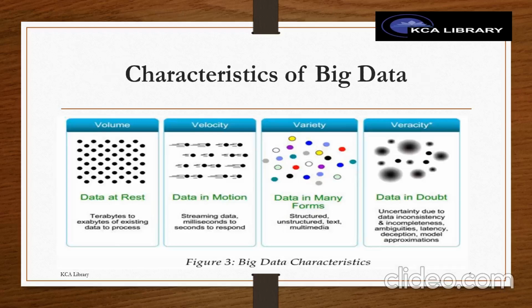So let us look at the characteristics of big data. These are called three V's, but there are very many. So here we are going to look at all of them. So we have volume. Volume is all about the sheer amount of data being generated, often measured in terabytes or petabytes.